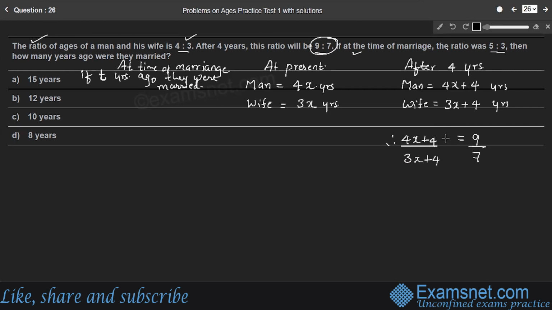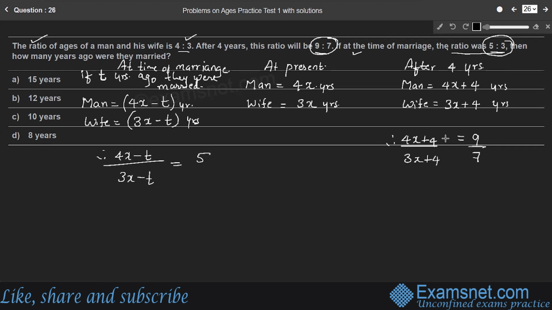If you consider T years ago they were married, so man's age was his present age minus T, 4x minus T years, whereas his wife's age was 3x minus T years. So at the time of marriage, the ratio of their ages was 5:3. Therefore, (4x minus T) by (3x minus T) was 5:3.